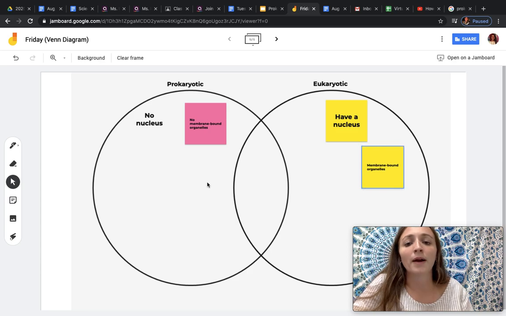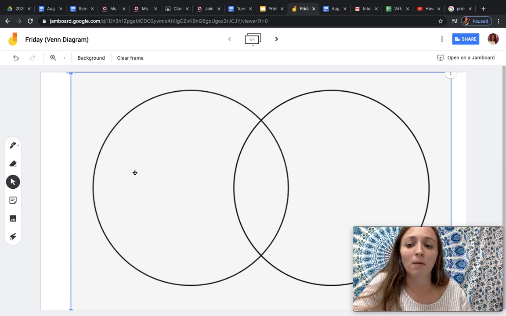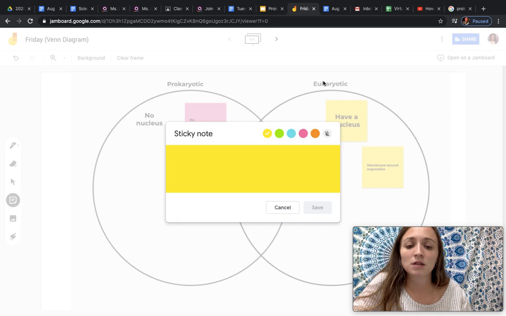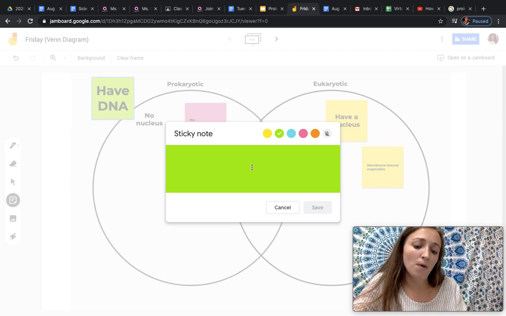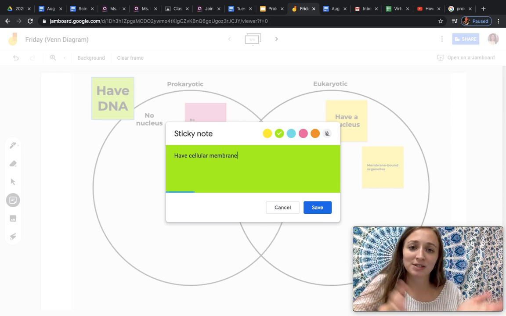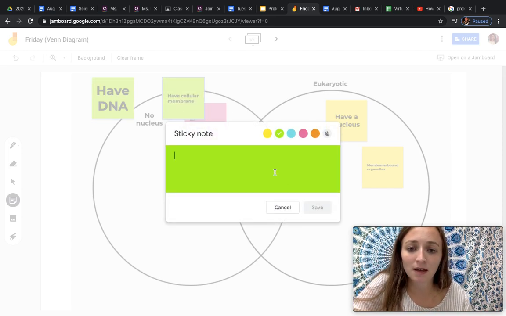Sweet. All right, what's true about both of them? Let's see. Well, they both have DNA, that genetic information. They both have cellular membrane. Do you remember that's that protective layer around the cell?